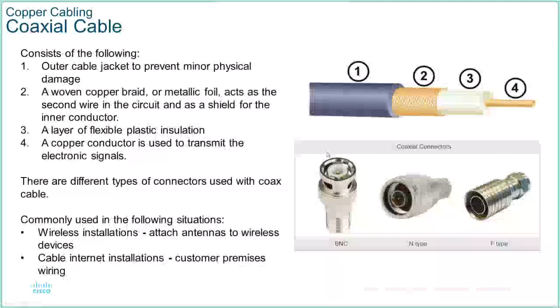And we attach them via the connectors. BNC is the most common connector, and I still have a chuckle when I look back at the original versions of the Cisco course, because they talked about BNC being British Naval Connector.